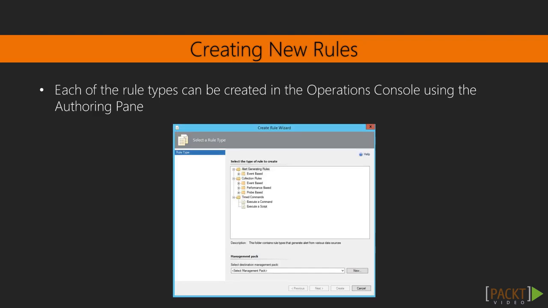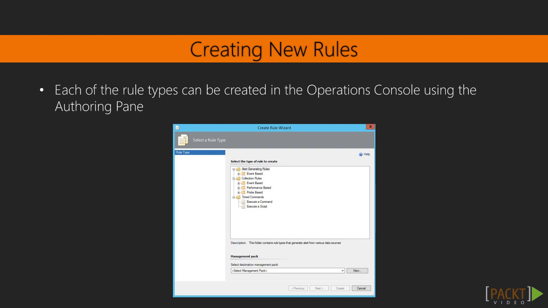To create a rule, you would go to the Authoring pane in the Operations console and under Management Pack Objects, right-click Rules and then click Create Rule. That will open up the Create Rule wizard. And you see you have your alert generating rules, your collection rules, and your timed commands. Under your alert generating rules, you have rules for generic CSV text logs or generic text logs or NT event log alerts or syslog alerts.